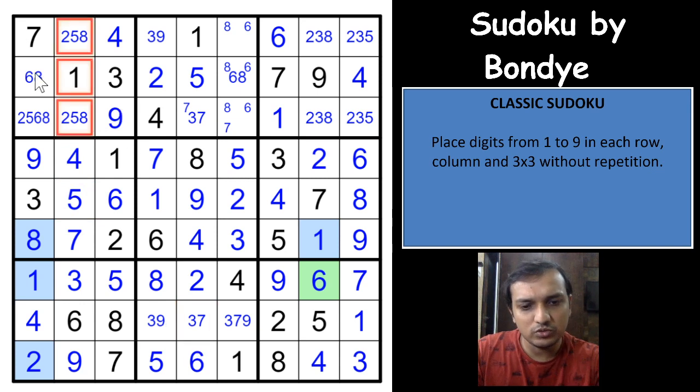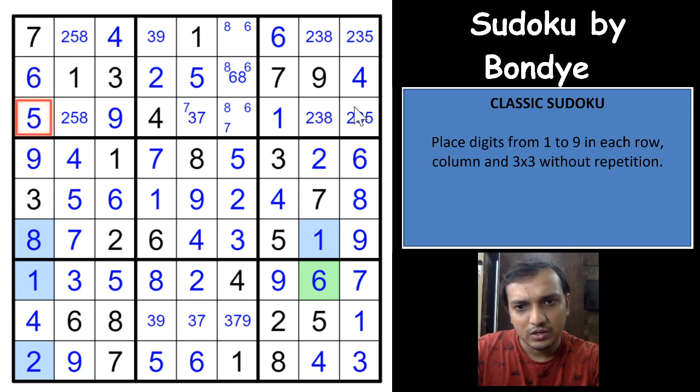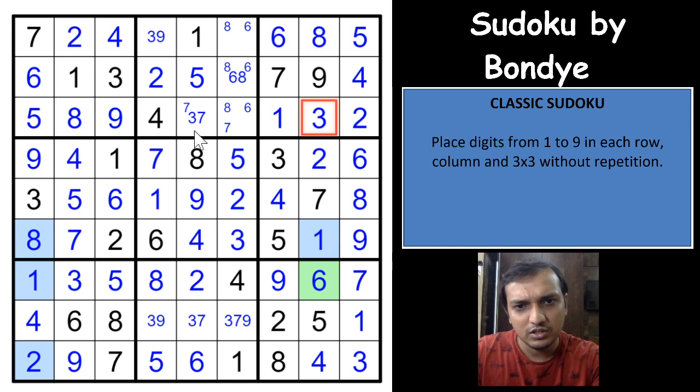So this is 2 8, so this would have to be 6, this would have to be 5, that gives you a 5 here, that gives you a 2 here, that gives you a 8 here, a 2 here, and that gives you a 8 here and a 3 here, that gives you a 7 and a 3 here, a 9 here and a 7 here.